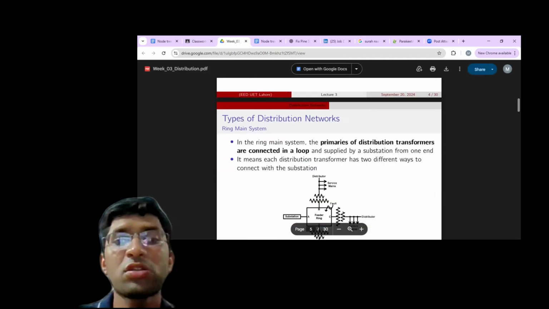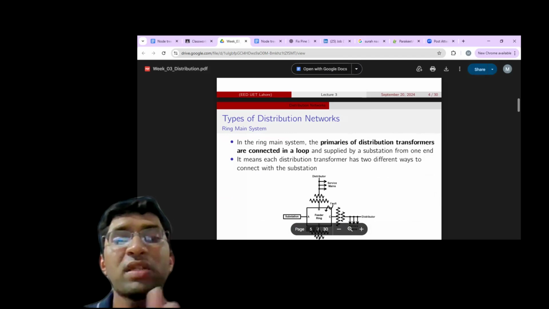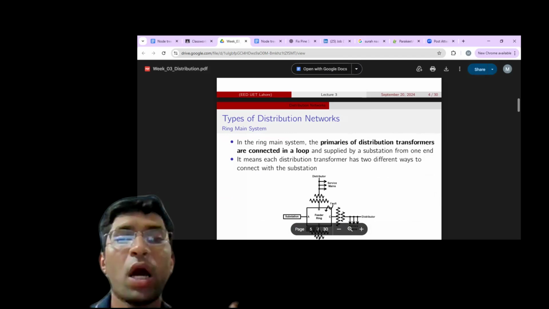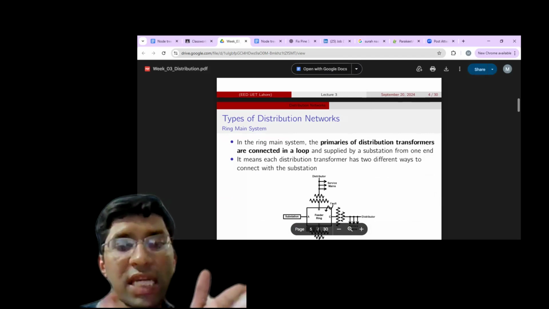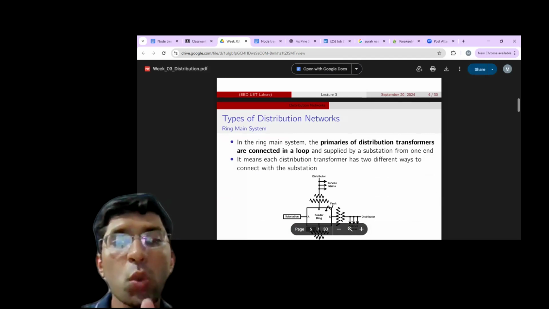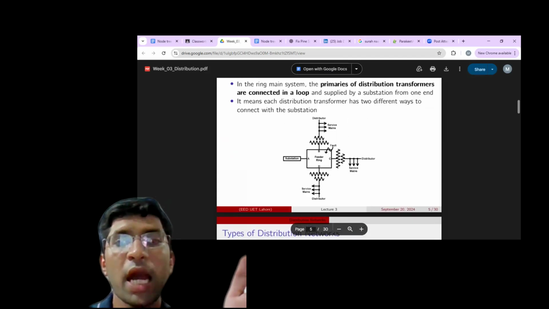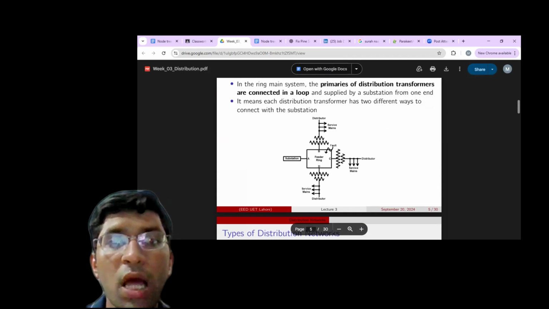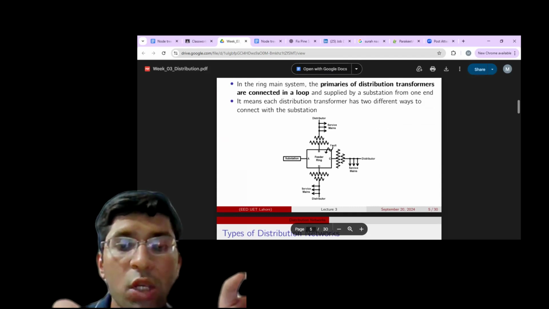In the ring main system, the primaries of distribution transformers are connected in a loop and supplied by a substation from one end. It means each distribution transformer has two different ways to connect with the substation. I again repeat that in the ring main system, the primaries of distribution transformers are connected in a loop.